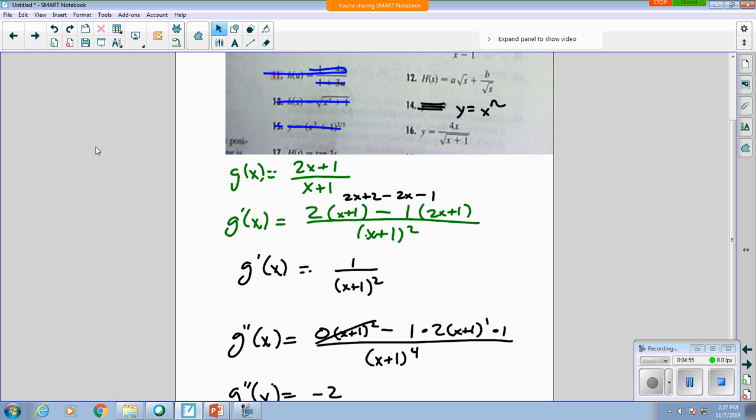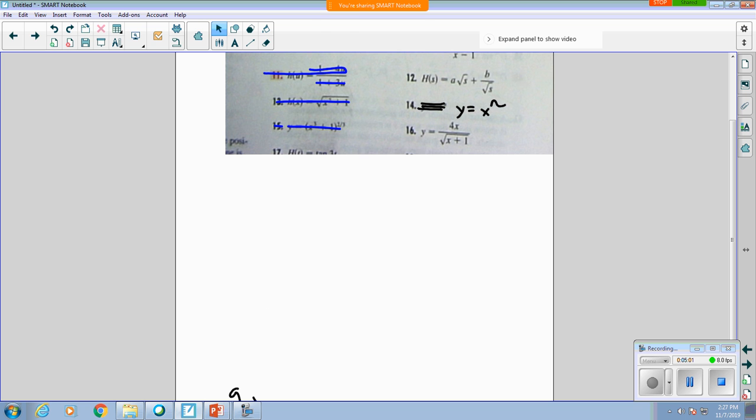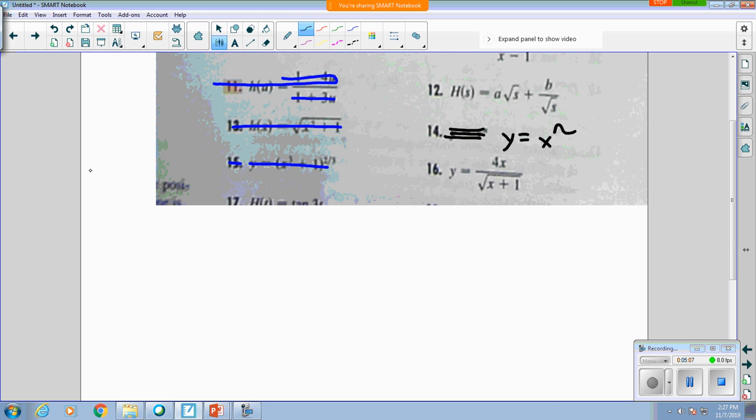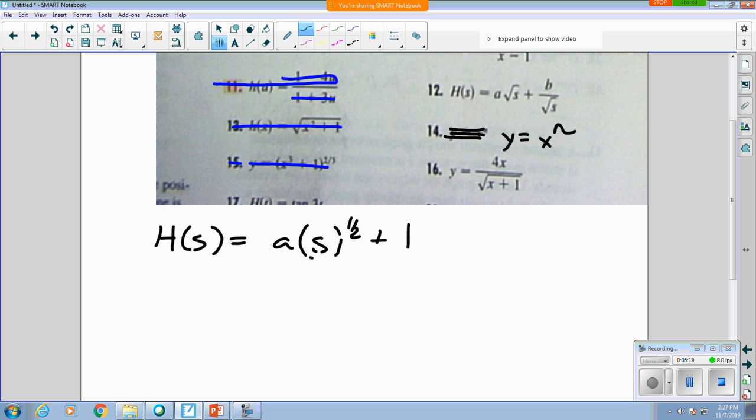All right. Tell you what, 12 seems like a disaster, but it's much easier than the one we just did. Let's see, maybe I can get everything onto one video here. 12, I'm going to rewrite it with rational exponents as we go. It's h of s. I hate s, but we'll keep it s, equals a s to the half plus b s to the negative half.